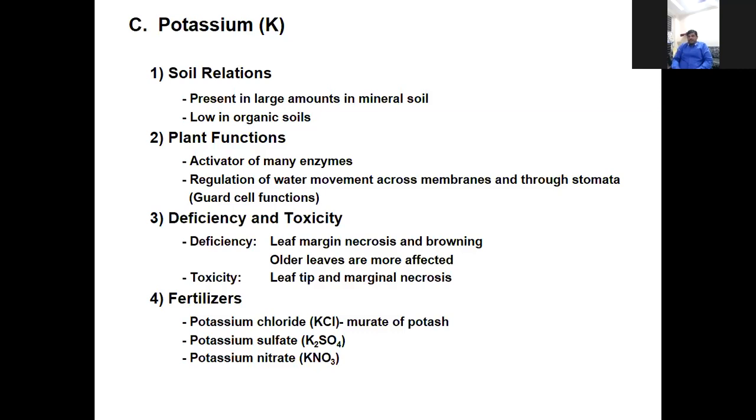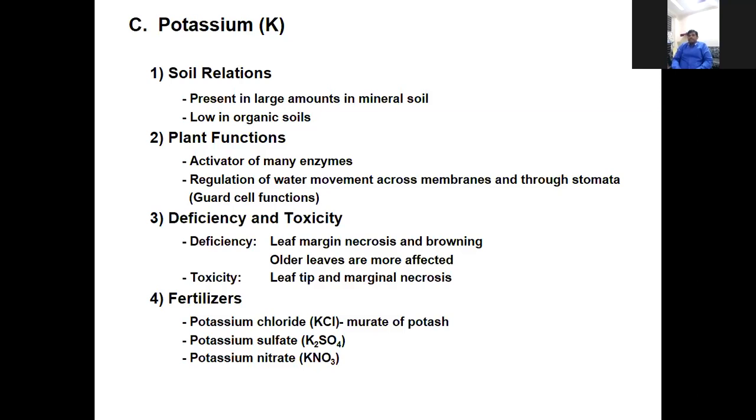Deficiency of potassium causes leaf margin necrosis and browning. What is necrosis? After yellowing of plants, that is known as chlorosis, there occurs necrosis. The leaves turn brown to blackish, that is known as necrosis, and fall down.